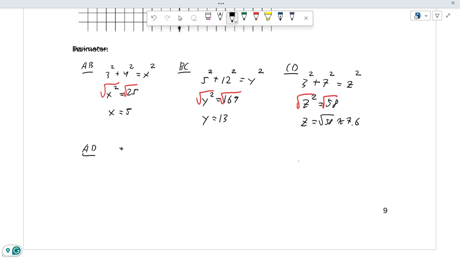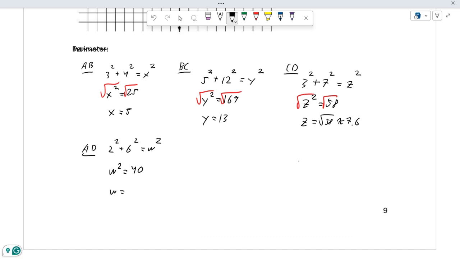The Pythagorean theorem says that the sum of the squares of the legs of a right triangle is equal to the square of the hypotenuse. So W squared, 2 squared is 4, 6 squared is 36. You add them together, you get 40.